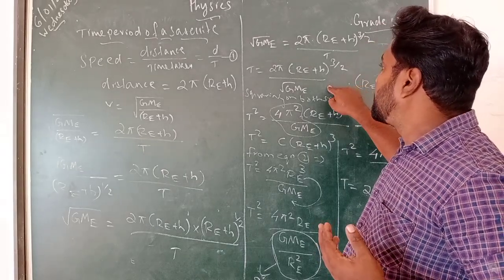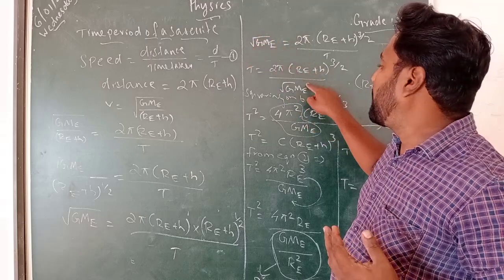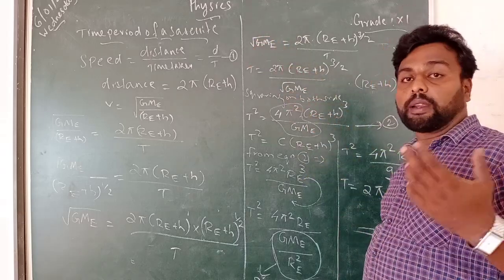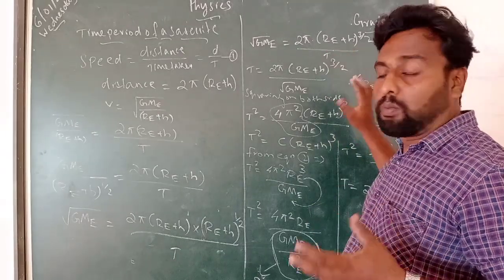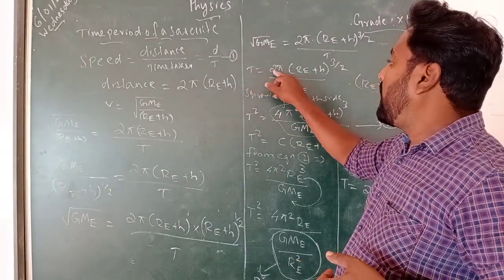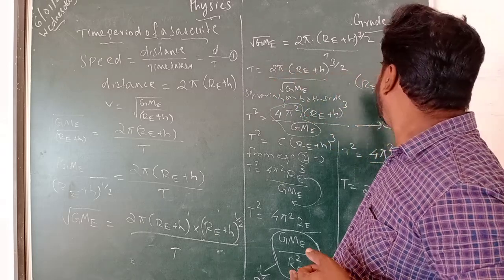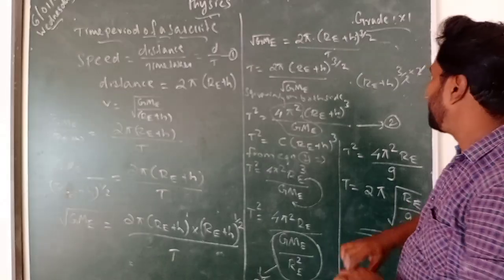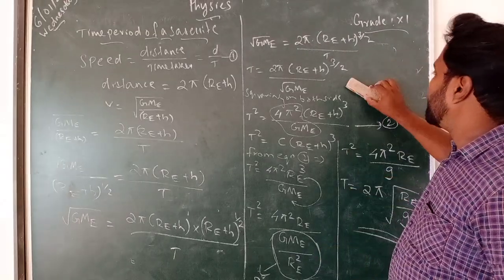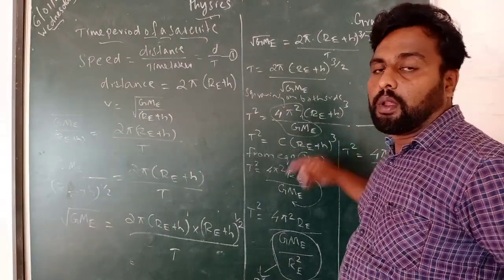Now in the next step we are taking the T here and root GMe down. Then squaring both sides of the equation. So T square, 2 square is 4, pi square. Here 3 by 2 into 2 will come, so 2 is cancelled, 2 is cancelled. Now it remains only cube.